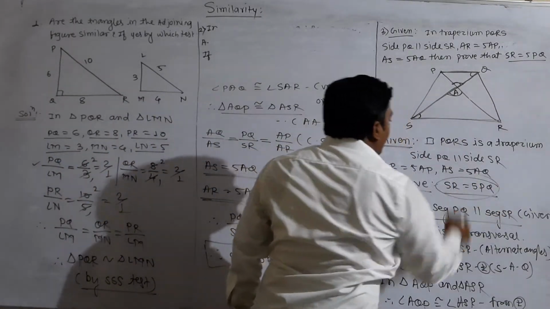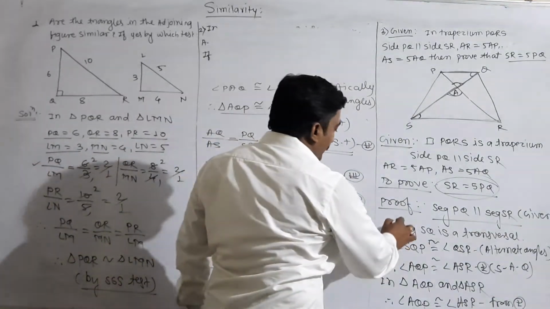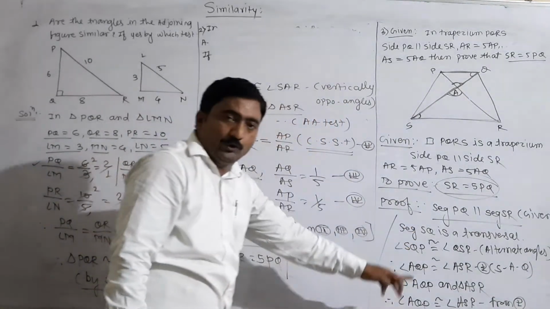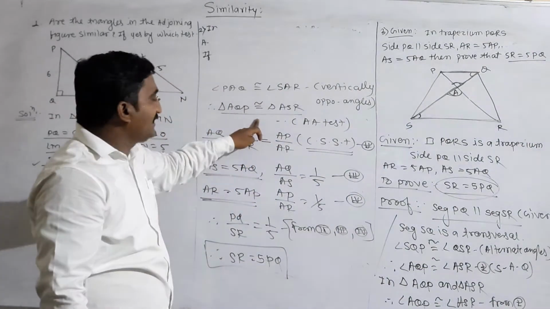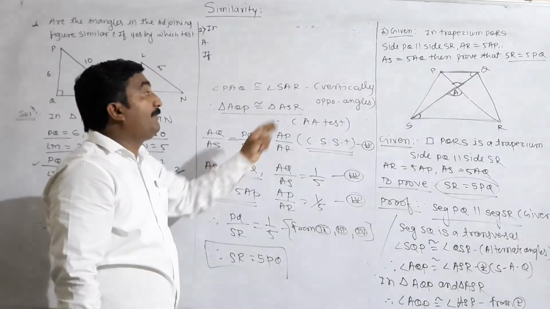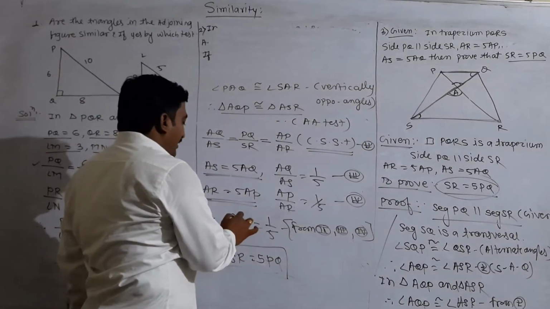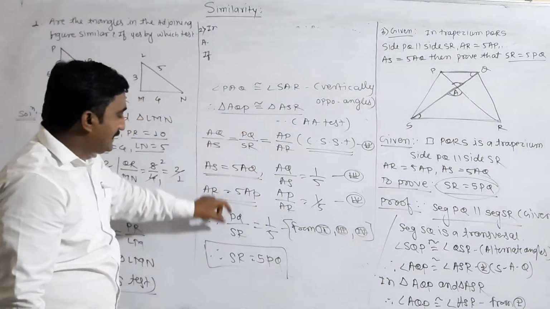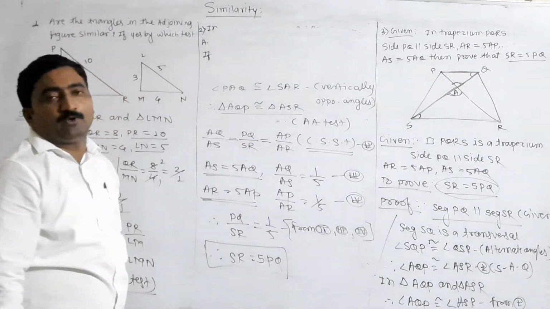Then show similar triangles AQP and ASR by taking corresponding sides, and by the given ratio 1 by 5, PQ divided by SR is equal to 1 by 5. Therefore, SR is equal to 5 PQ.